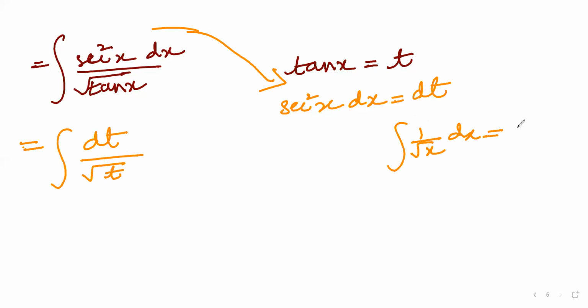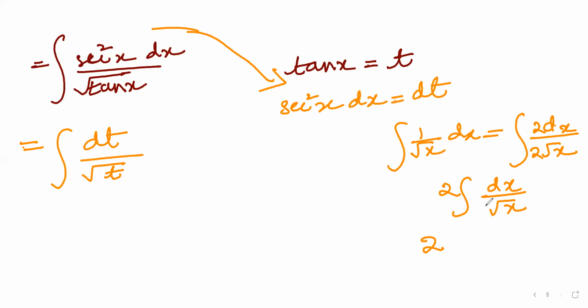So maybe I can put 2 into dx by 2 root x, isn't it? 1 over 2 into integral of dx by root x. And this I know is what? 2 into root x. Yes, because what is d by dx of root x? 1 over 2 root x, isn't it?